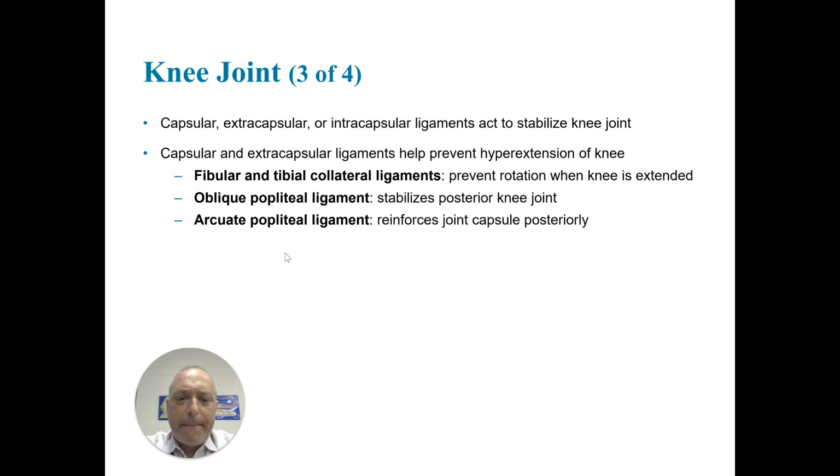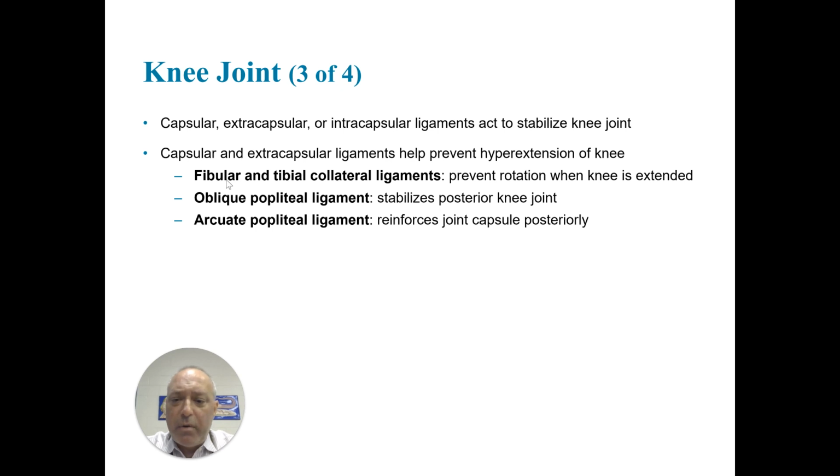Okay, so the fibular and tibial collateral ligaments prevent rotation when the knee is extended. Oblique popliteal ligament stabilizes the posterior knee, and the arcuate popliteal ligament reinforces the joint capsule posteriorly.